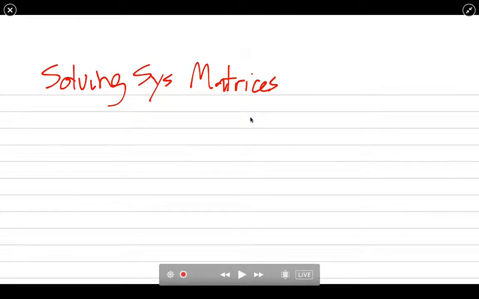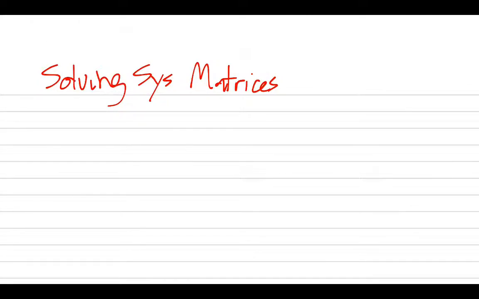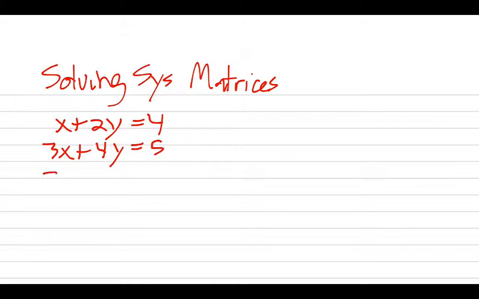So, solving systems with matrices. Here's an example of what you could get. You could have a system like this: x plus 2y is 4, and 3x plus 4y equals 5, and 2x plus 3y equals 4.